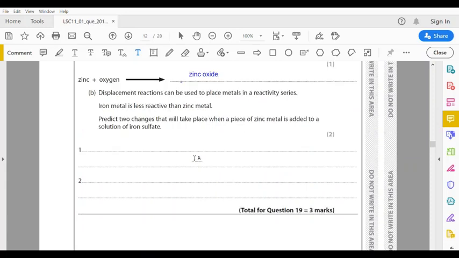Displacement reactions can be used to place metals in a reactivity series. Iron metal is less reactive than zinc metal. Predict two changes that will take place when a piece of zinc metal is added to a solution of iron sulfate. So they are telling us that iron metal is less reactive than zinc metal. So if there is iron sulfate given and you are adding zinc metal which is more reactive, the zinc metal will displace iron. So we will write it. Zinc will displace iron.